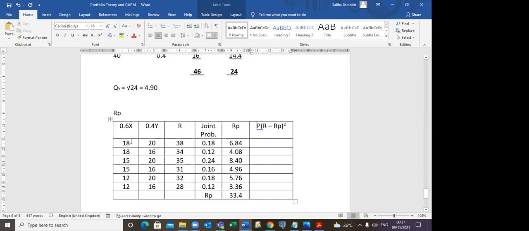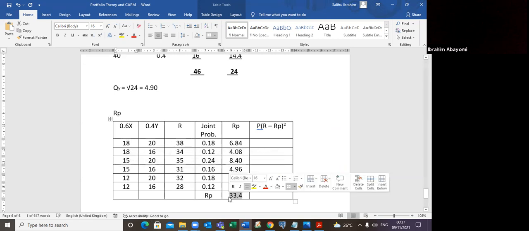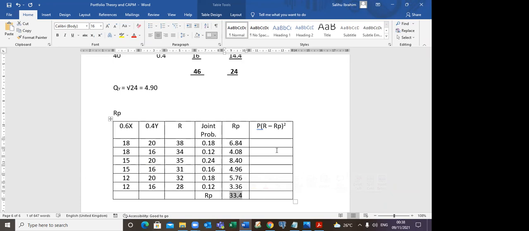Okay. So 18 minus 33.4 square is what? 237.16.